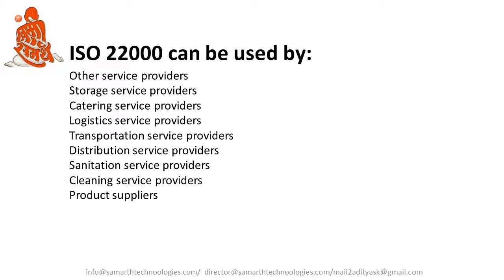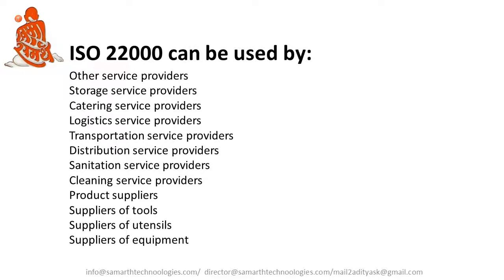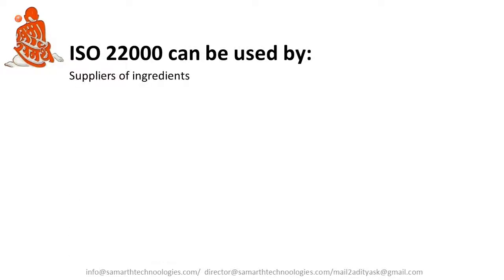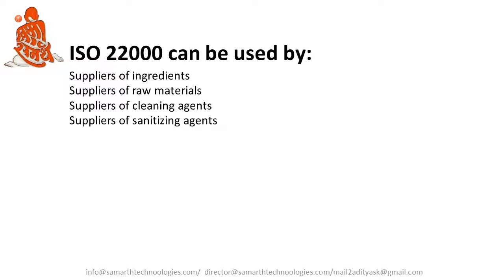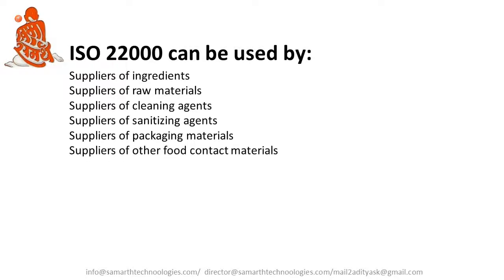Product suppliers include suppliers of tools, utensils, equipment, additives, ingredients, raw materials, cleaning agents, sanitizing agents, packaging materials, and other food contact materials.